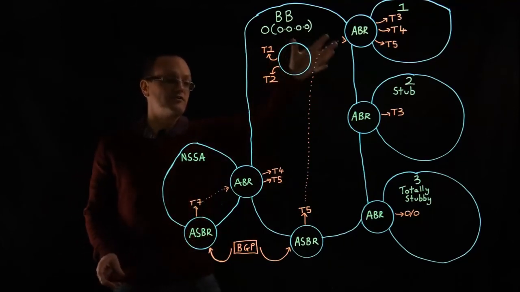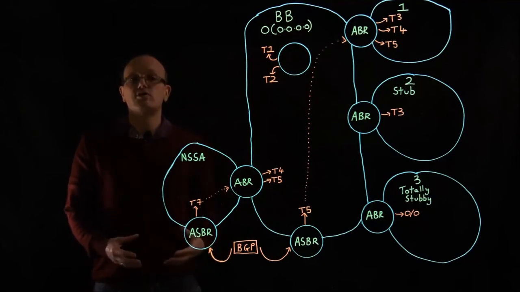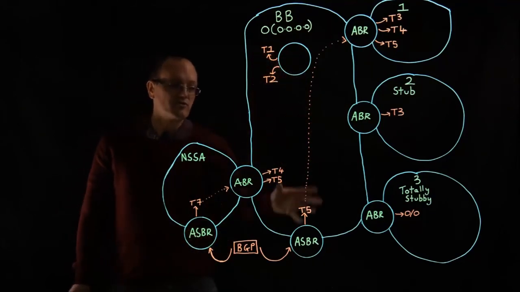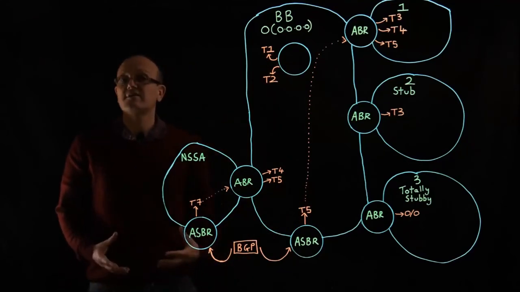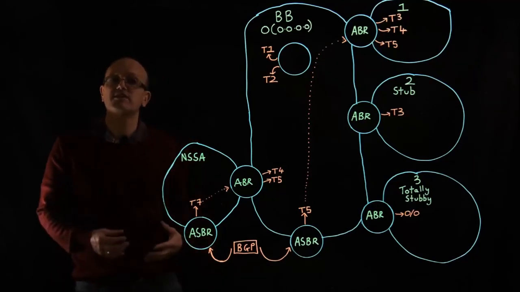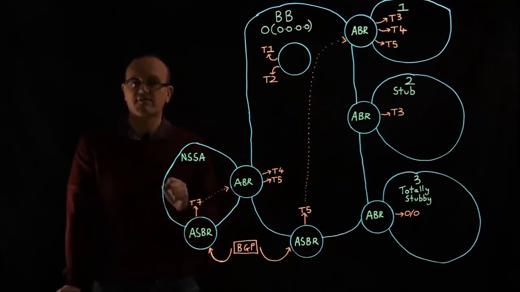So all of these routers within this OSPF area learn about all of these LSAs via advertisement to each other in link state updates. Another scenario that you could be using with OSPF is that you might be redistributing routes from another routing protocol into OSPF.